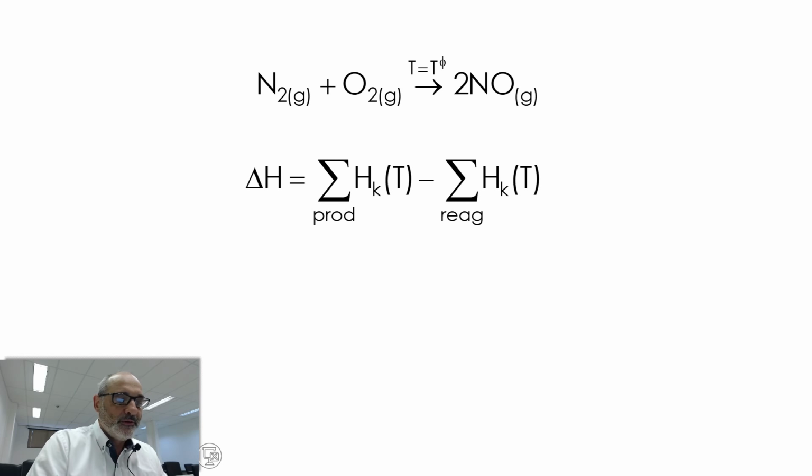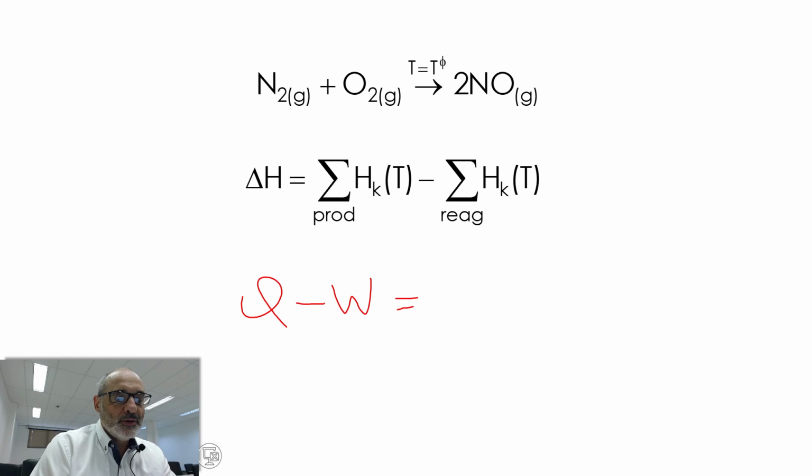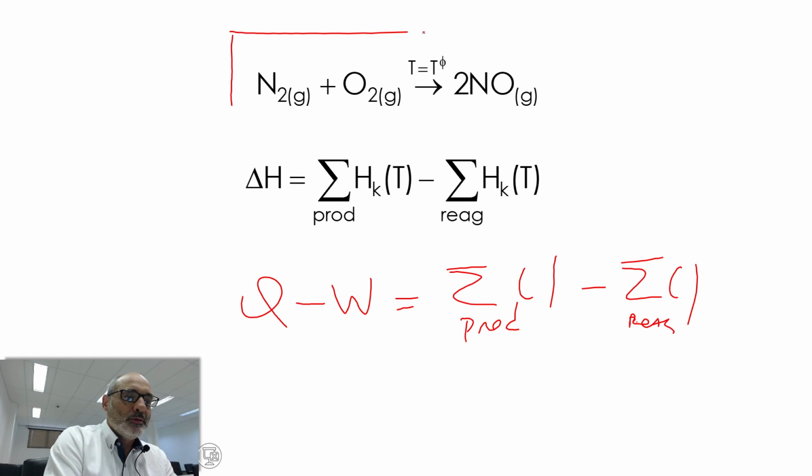First law of thermodynamics: heat input minus work output equals products minus reagents. That's the first law of thermodynamics. I'm applying this to this control volume.